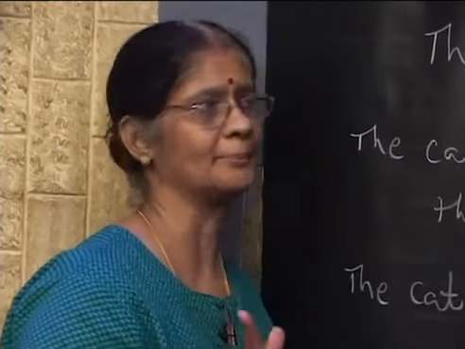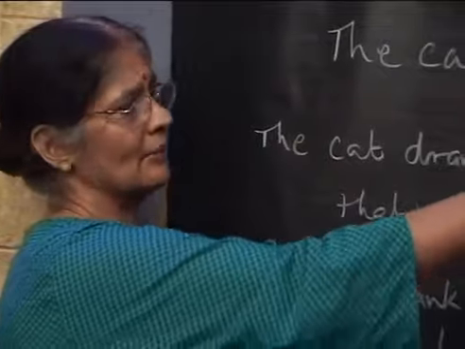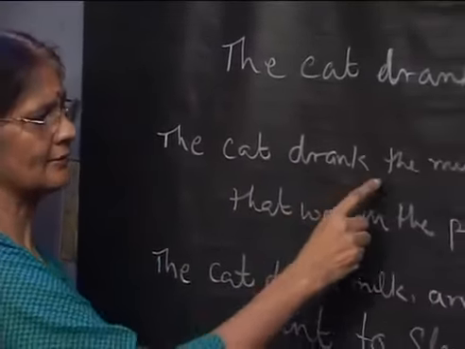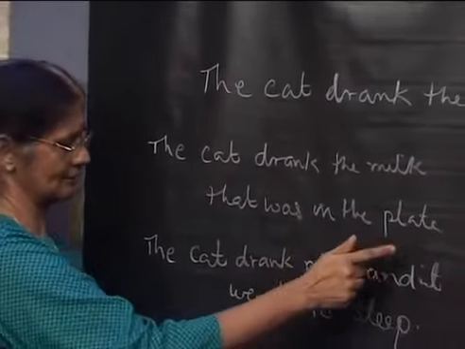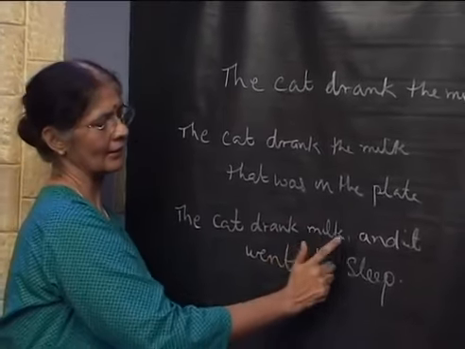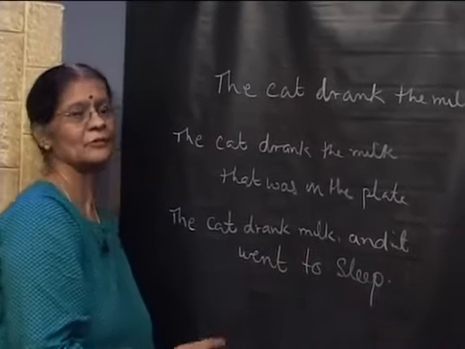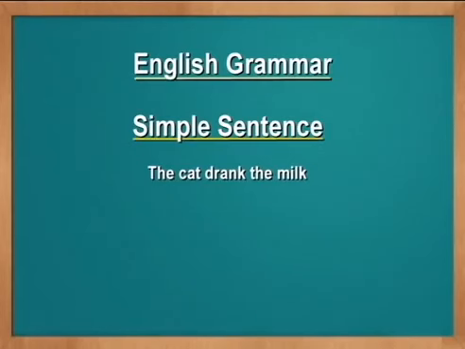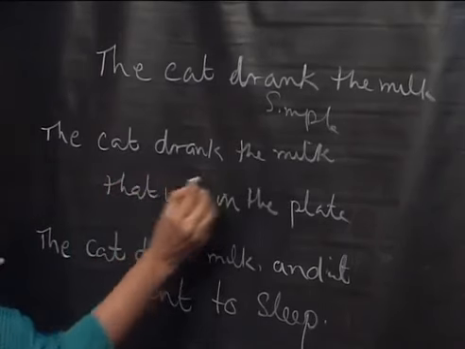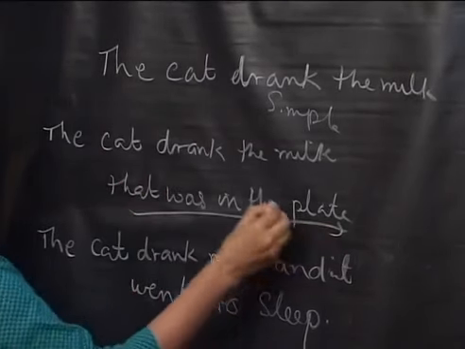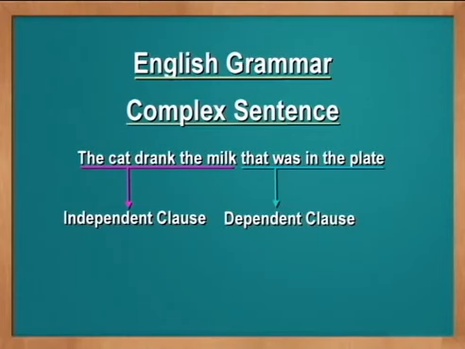I'll give you one more example. The cat drank the milk. The cat drank the milk that was in the plate. The cat drank the milk and it went to sleep. So here "the cat drank the milk" is a simple sentence. "The cat drank the milk that was in the plate" is a complex sentence because it has an independent clause and a dependent clause.